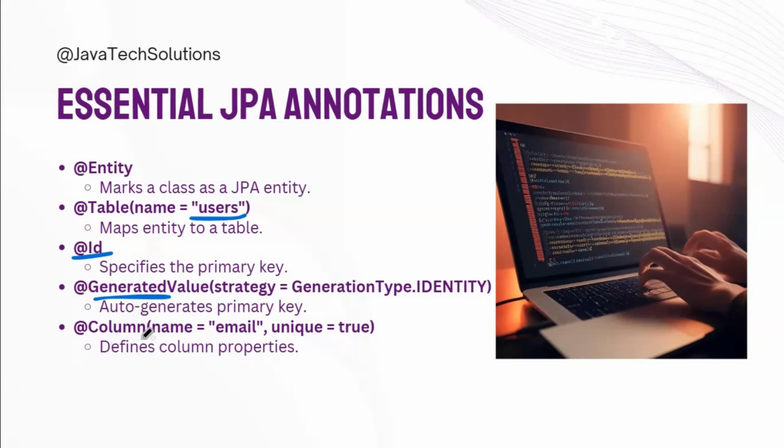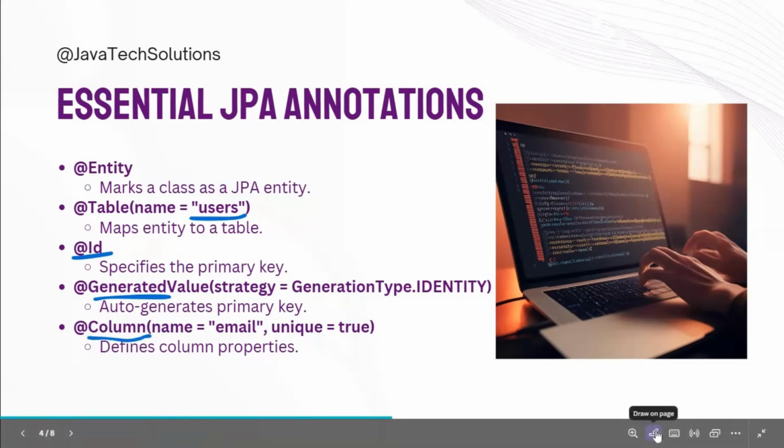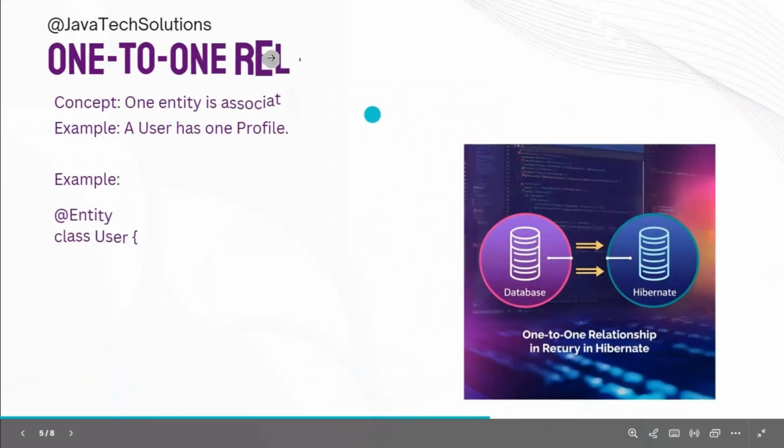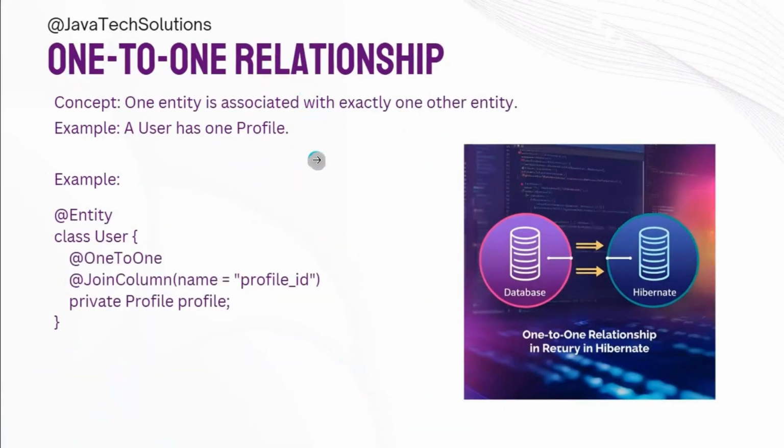And with @Column, we can define a custom property name. Okay, next we will talk about the one-to-one relationship.